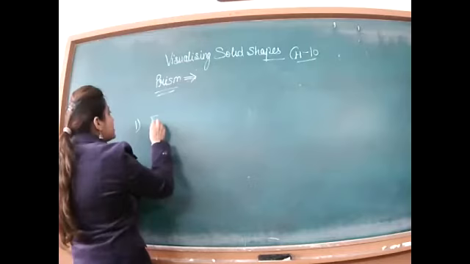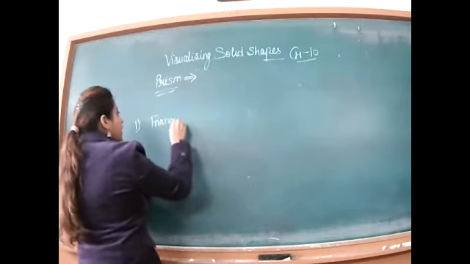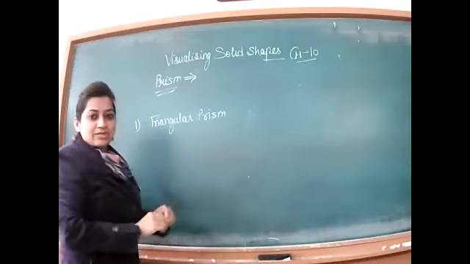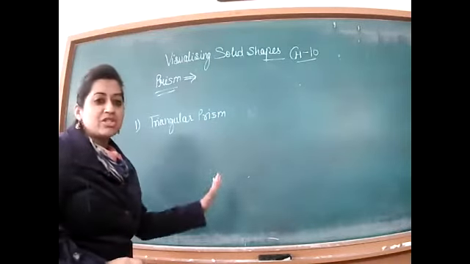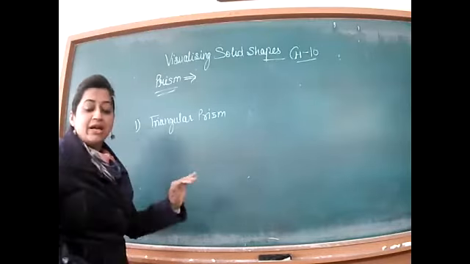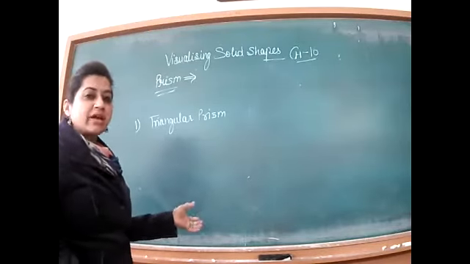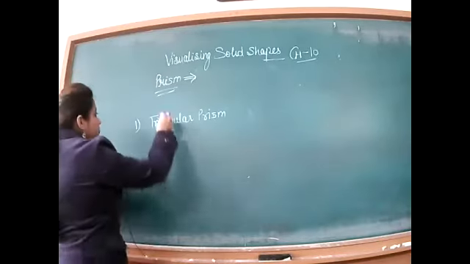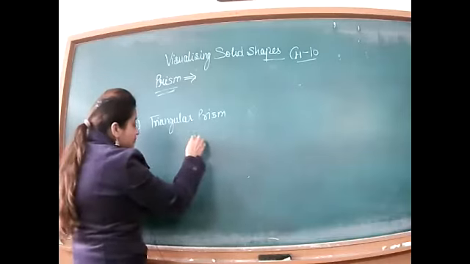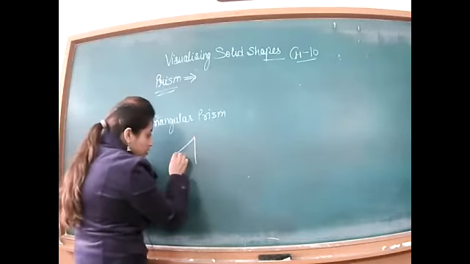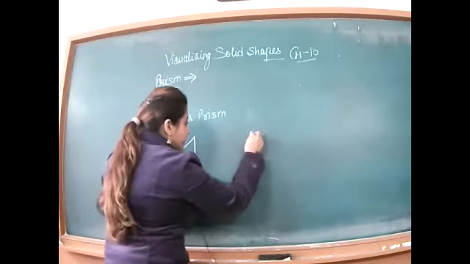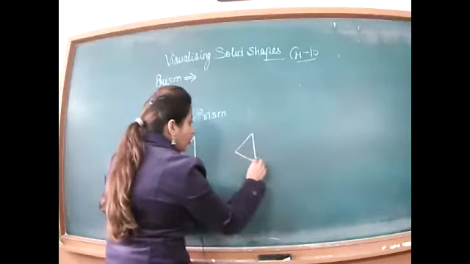Let's understand the meaning of triangular prism. I will show you images of all these prisms and pyramids tomorrow. So let's understand the meaning first, then things will be clear to you. If I talk about a triangular prism, what you will see is there is one triangle in the upper face, and one triangle is there in the bottom.